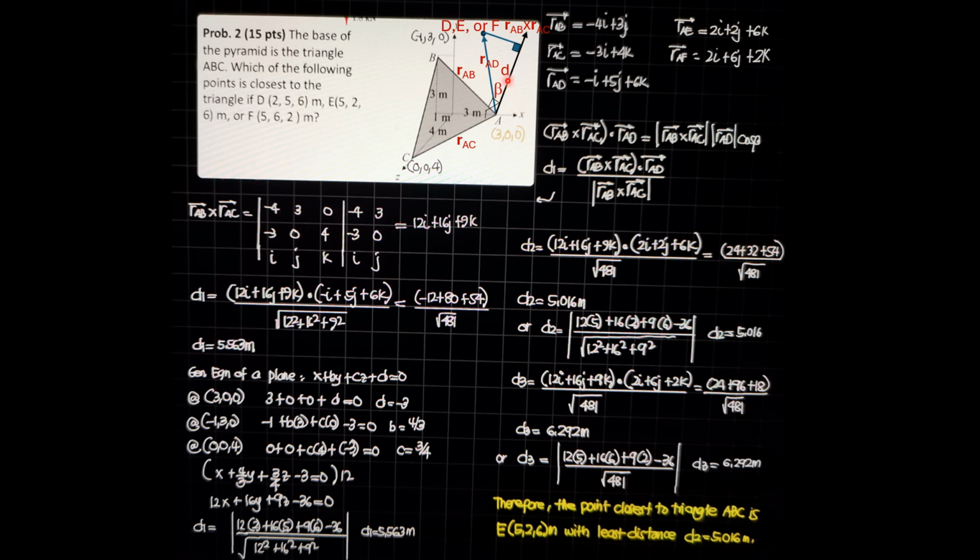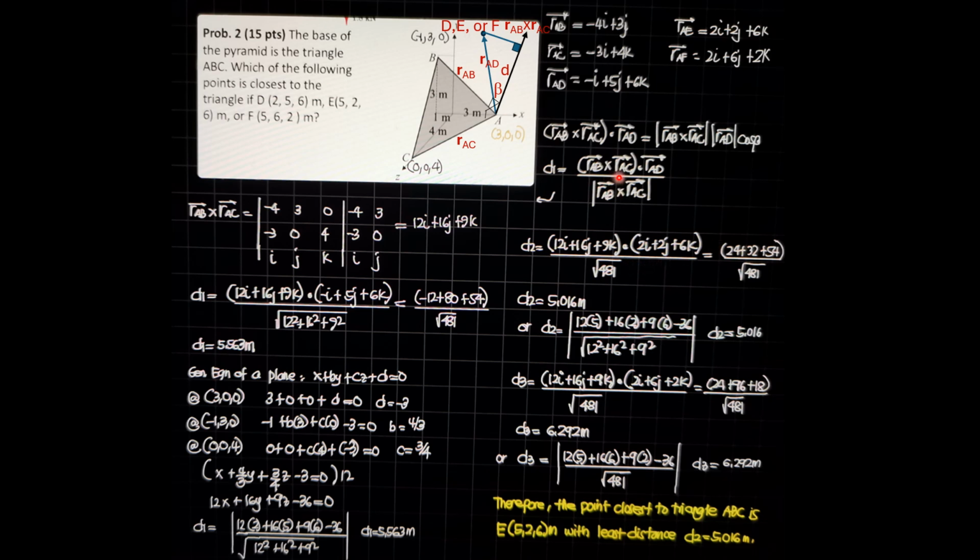So take note that the magnitude of RAD cosine beta is D, the perpendicular distance. So if this is D, then the formula for D is RAB cross RAC dot RAD divided by the magnitude of RAB cross RAC. So we just simply replace RAD by RAE, RAF for distance 2 and 3 respectively.